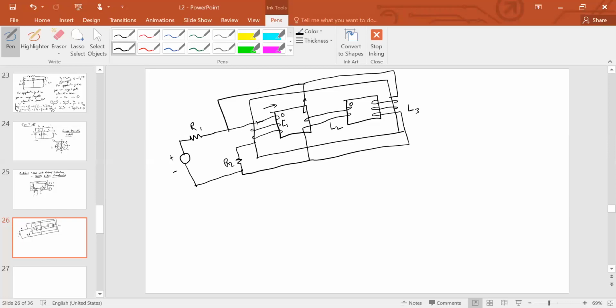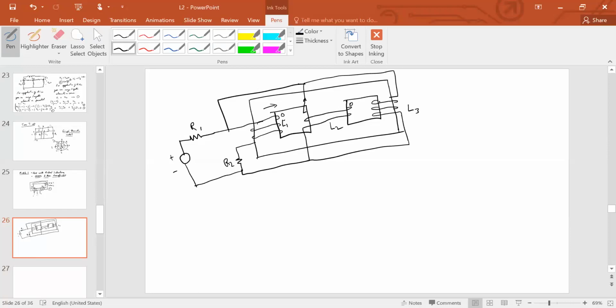Remember, when you're assuming that this is being supplied with a current, this acts like a passive element, so the end through which the current enters becomes a positive terminal. But this is where the EMF is induced, so this becomes a source. For this, the end through which the current is leaving becomes a positive terminal. So positive terminal here and positive terminal here have been marked out.